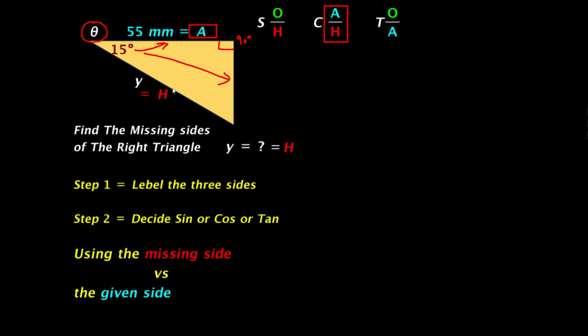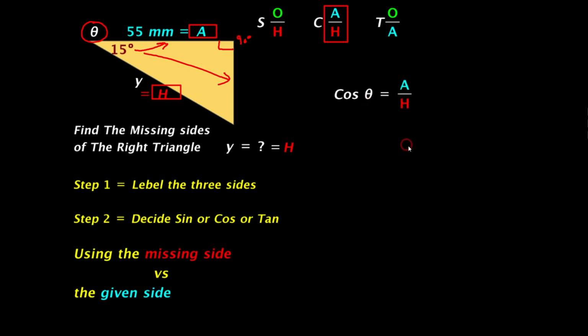So we will be using the cos notation because A is given, angle is given, and the CAH will give a relationship between the cos of the angle with the A and H, and we can easily find out the missing side, where the missing side is H on this problem. So we just write cos theta, which is A over H, using the CAH law.